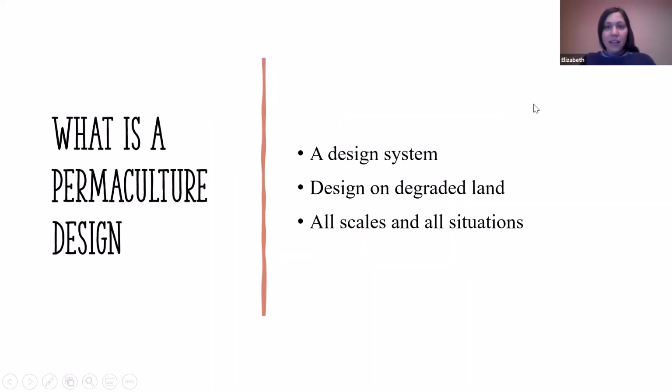Okay, so I'd like to talk first about what a permaculture design is and what it isn't. I've heard people who aren't familiar with permaculture refer to it as sustainable gardening or organic gardening, and that may be a part of it, but it's not just gardening.